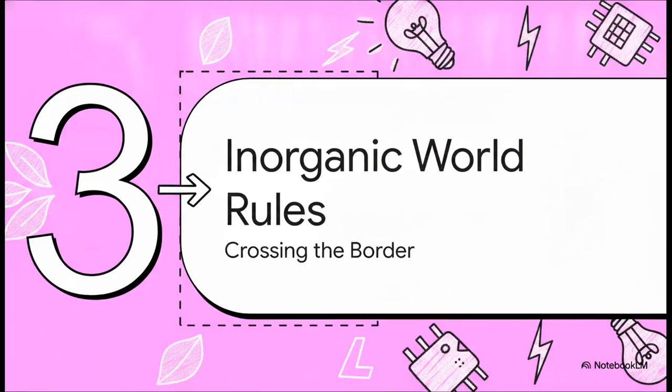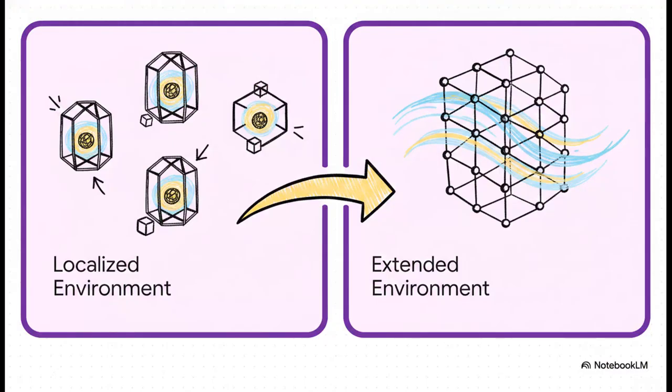All right, part 3, the inorganic world rules. Let's cross the border over to the other side of our technology map to see how conventional room lighting operates. The core difference here is all about architecture. We are completely leaving behind the isolated, localized molecular cages of the organic world. In the inorganic world of crystalline semiconductors, particles are simply not trapped in little individual molecular boxes.